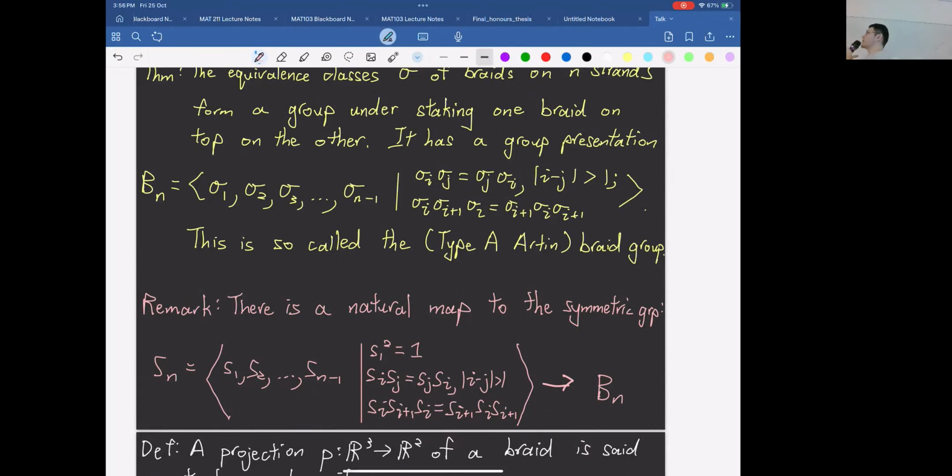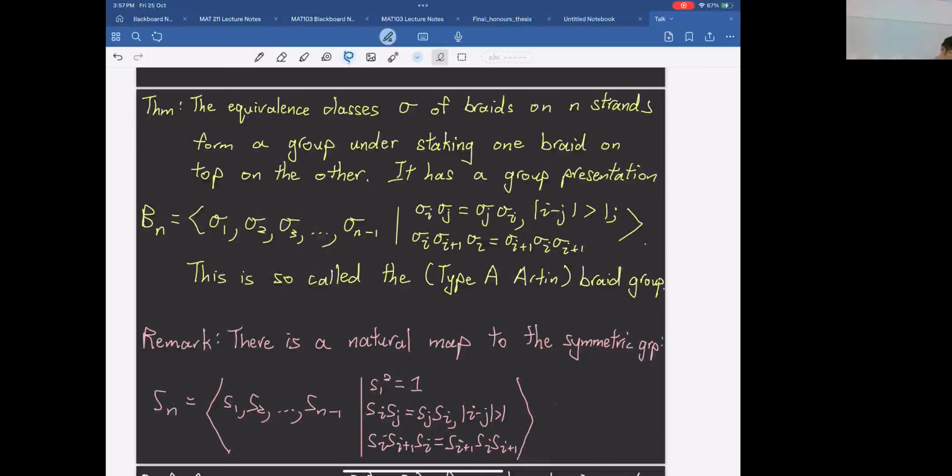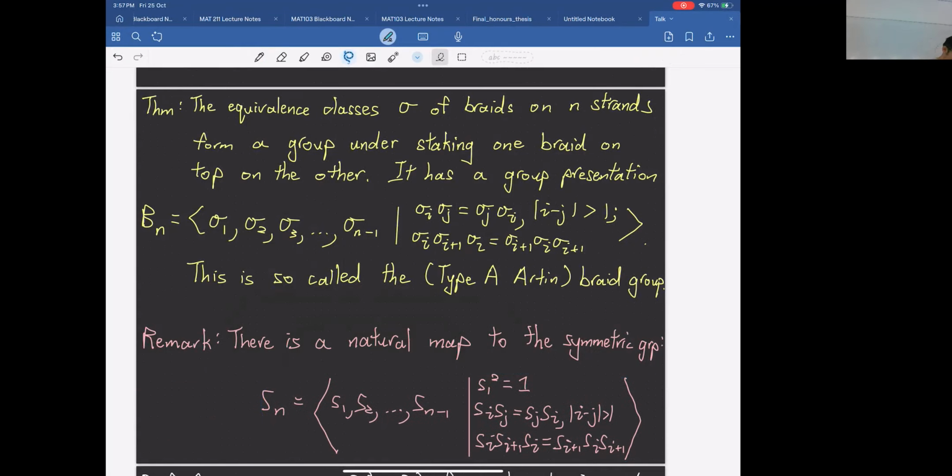Is it the right way? Yes, Bn maps to Sn. Right, it's a quotient. Correct. Thank you. So this proves that you guys are not sleeping. So if we quotient out this relation here, actually they are isomorphic.